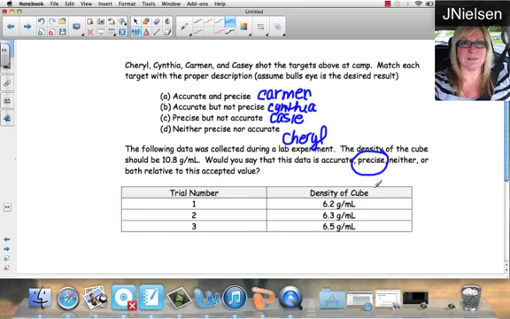So this data set is precise. It is definitely not accurate. And at this point, I don't know that it would be relative to the accepted value. We'd probably have to investigate why this took place. Maybe some of the samples were mixed up, and what they thought they were measuring was really another substance.